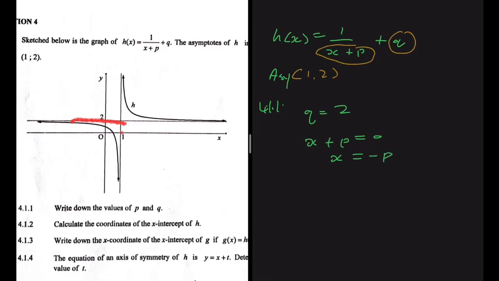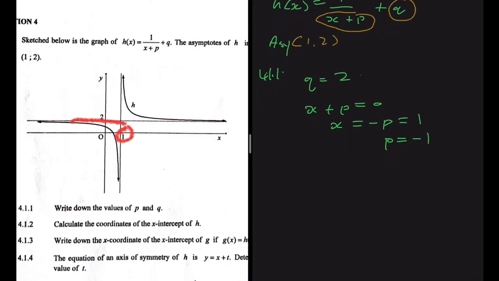From our graph, x is 1, so minus p is equal to 1, and solving for p we get p equals minus 1. So q is equal to 2 and p is equal to minus 1. Hence we have our asymptote at x equals 1, because if x is 1, then we have 1 divided by 0, which we're not supposed to have.